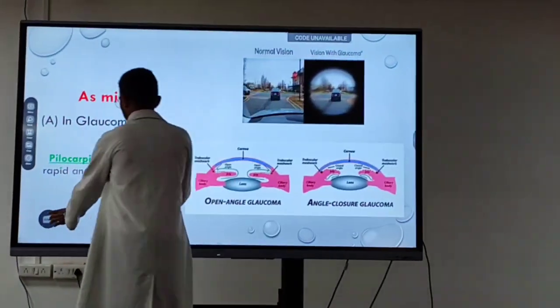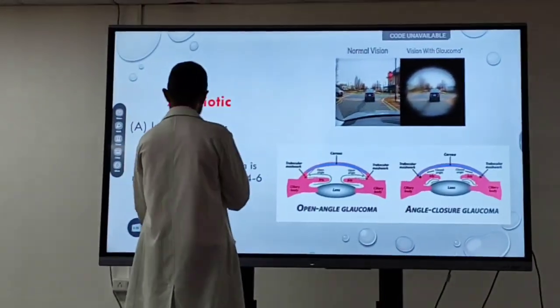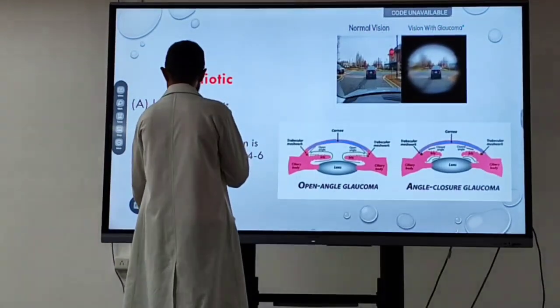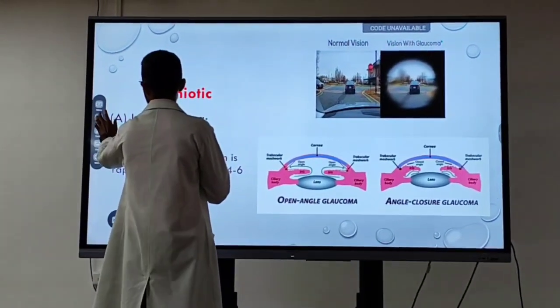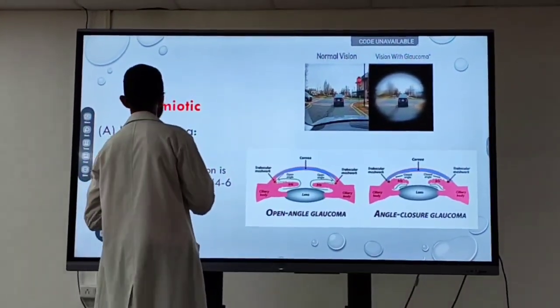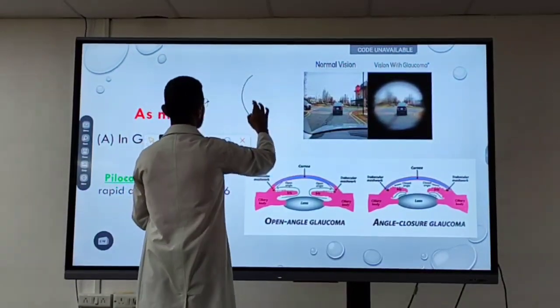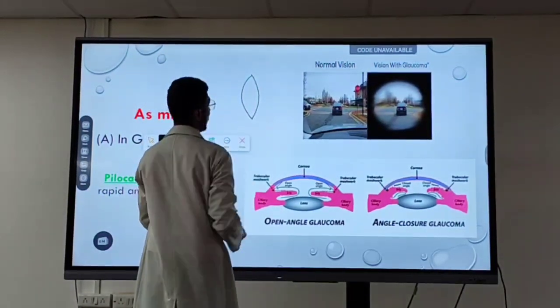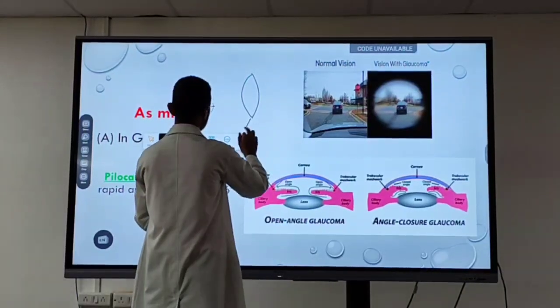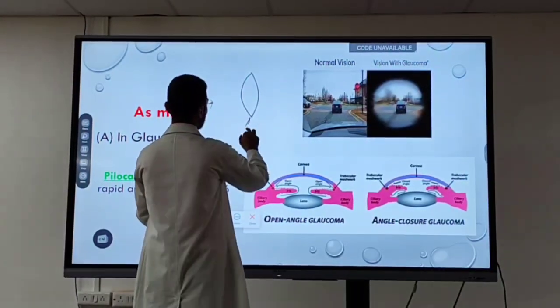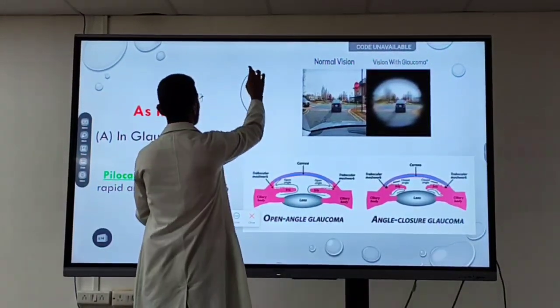Let's have a look at the anatomy of the eye. Let's say this is our lens. These are our suspensory ligaments.